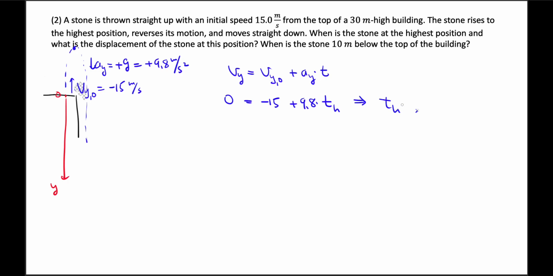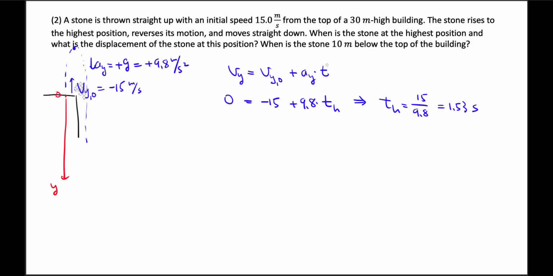So t_h here is 15 over 9.8. Okay, so now you see it's the same instant as before. So that means that the physical process here is not changed by the coordinate system that we set up. Coordinate system setup is arbitrary. Right? Some people use upward as positive, some people use downward as positive, but that shouldn't affect the same physical process that they both describe.